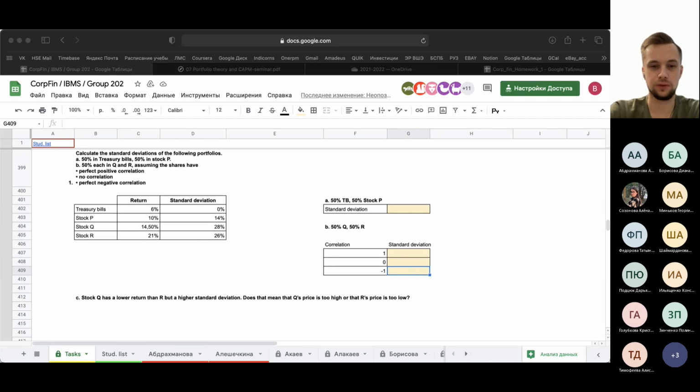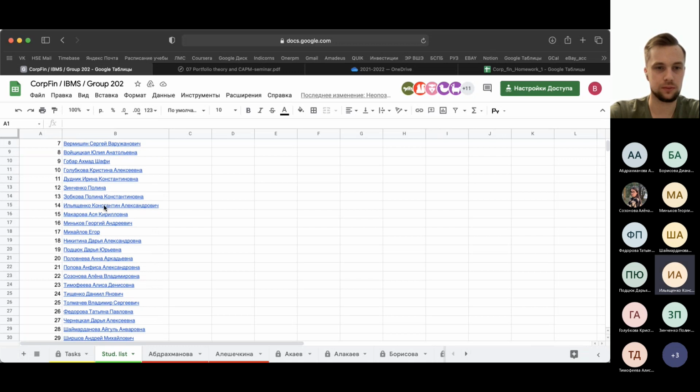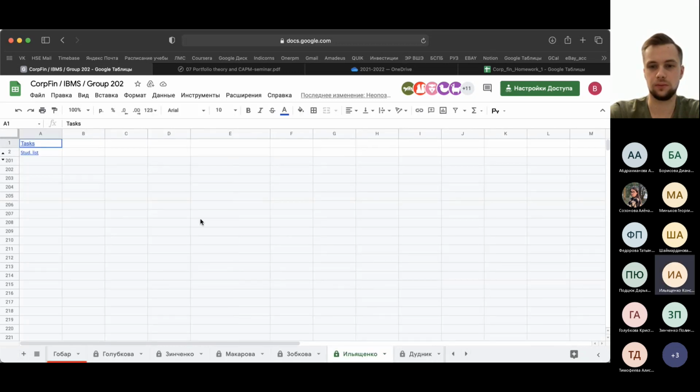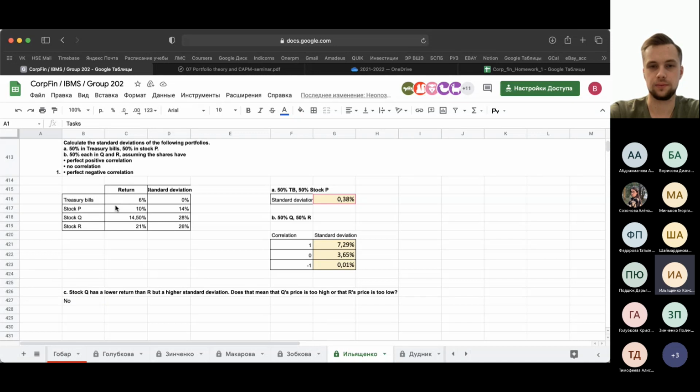Konstantin, you were the first. Let's talk to you. So can you please explain another time? We have no correlation because the treasury bill has a fixed return, so the deviation is 0.